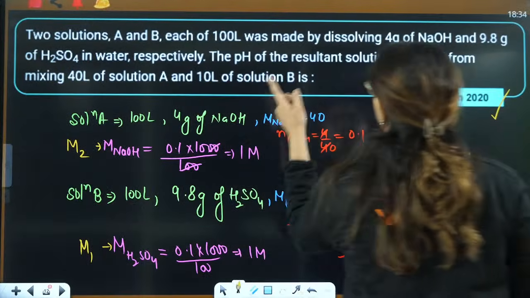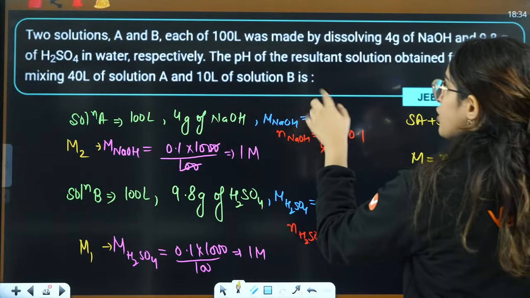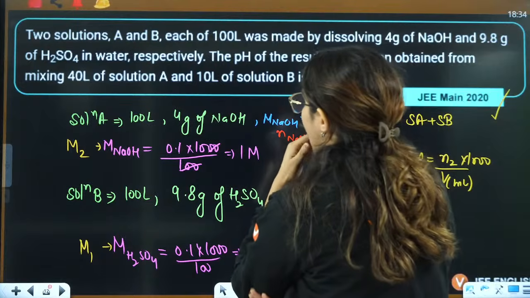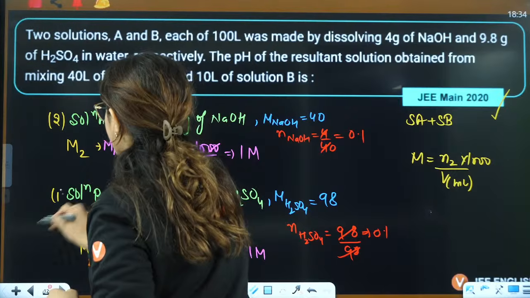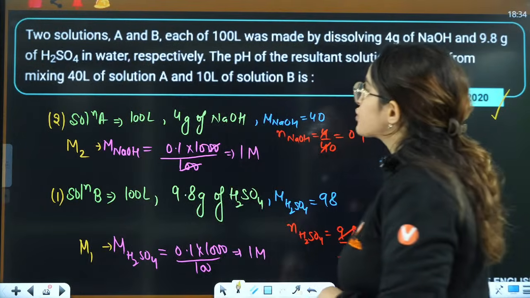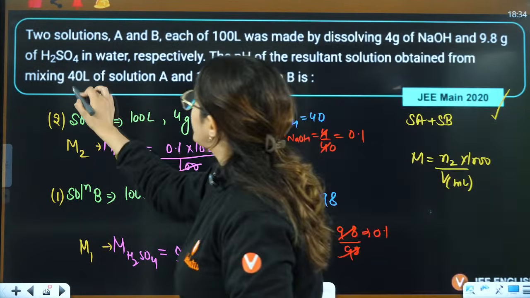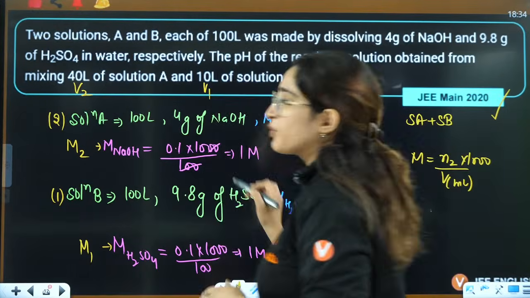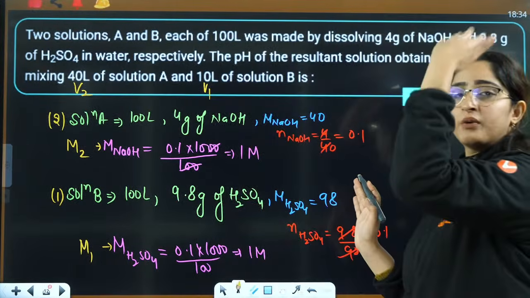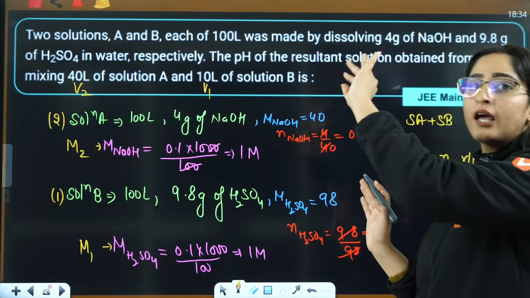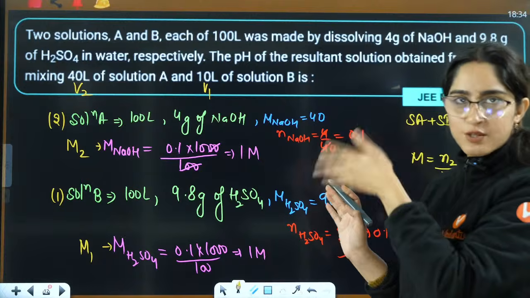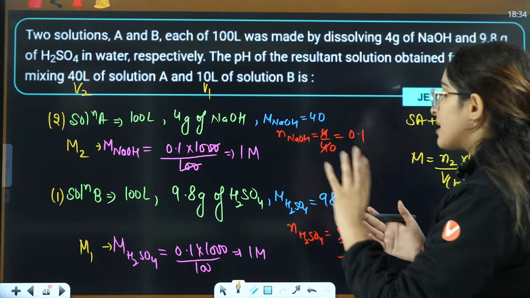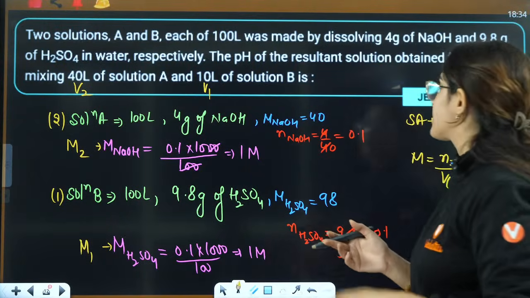Solution A I'm defining by 2 and this I'm defining by 1, so A solution means this is V2 and this is V1. You can take anything; because I told you that formula, I'm taking N1 V1 as acid and N2 V2 as base. That's why I'm doing it like this, because sometimes students make these kinds of silly mistakes.